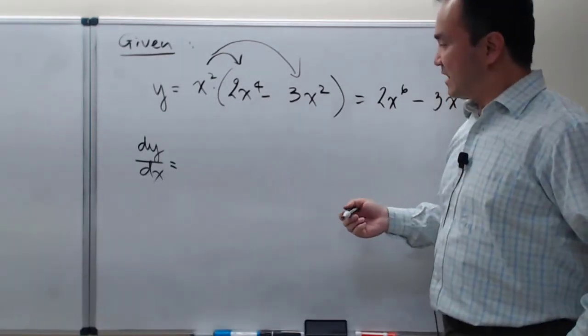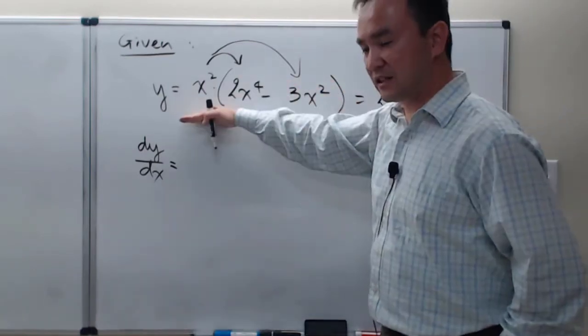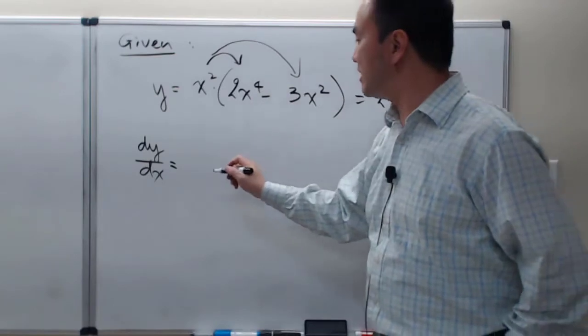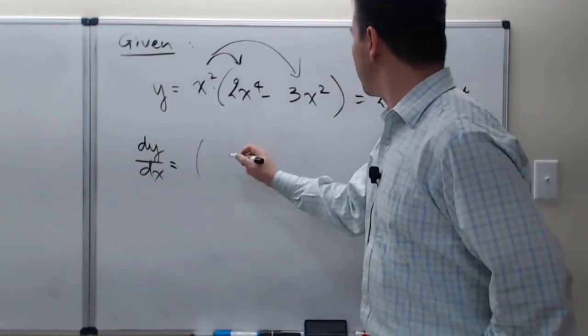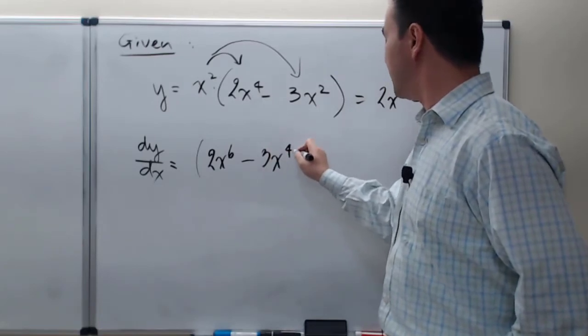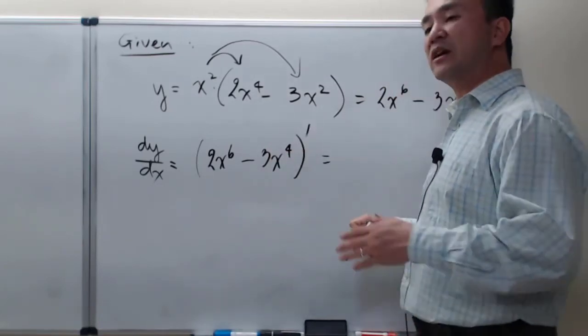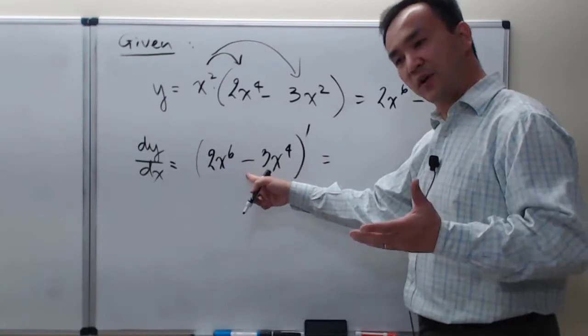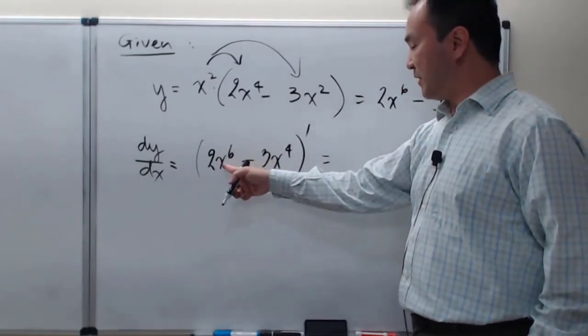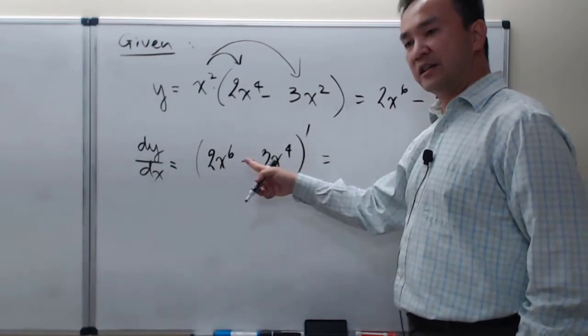After distributing that x squared into each term, we can go ahead and take the derivative. So dy dx is simply the derivative of 2x to the 6 minus 3x to the fourth. The difference rule that we've learned allows us to find the derivative term by term.